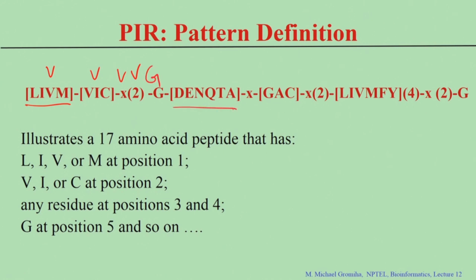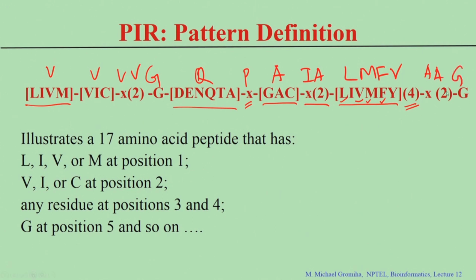And here N, Q is okay, so we can put Q. This is X, so you can put P. Here A, then 2 of any residues, I, A, and here L, M, F, V: L is allowed, M is allowed, F is allowed and V is allowed. 4 times, because of the 4 you put 4, then 2x, AA and finally G.